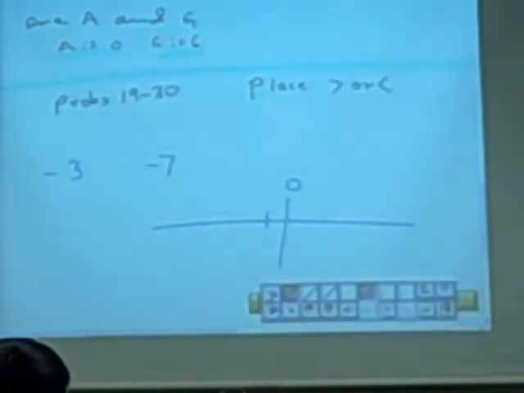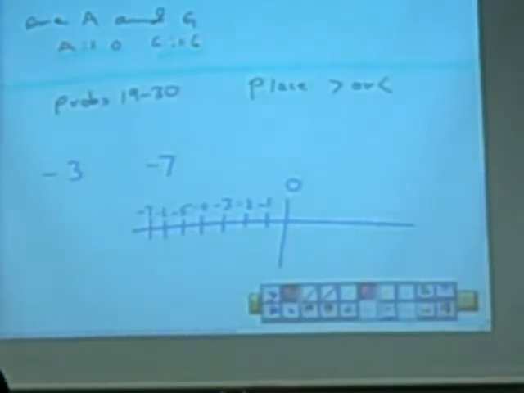Here's 0, 3, 4, 5, 6, 7. -1, -2, -3, -4, -5, -6, -7. So if we were $3 in the hole for, let's say, our wallet, and the next thing you know, now we're $7 in the hole, which one would be greater, the -3 or the -7? -3 is greater.